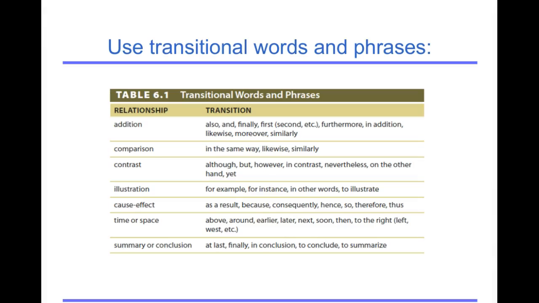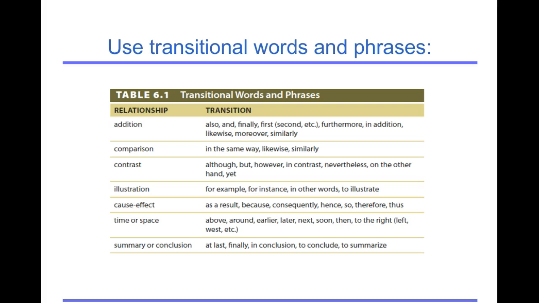So here are some examples of traditional words and phrases. Again, this is in your textbook, but it gives you an idea of what to use if you want to add things, or show cause and effect, or any of those reasons. These are some phrases that are traditionally considered signal phrases.